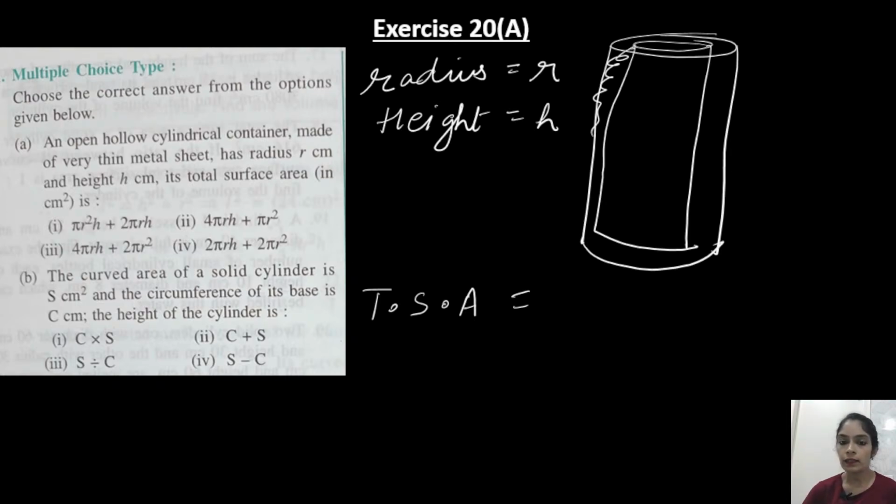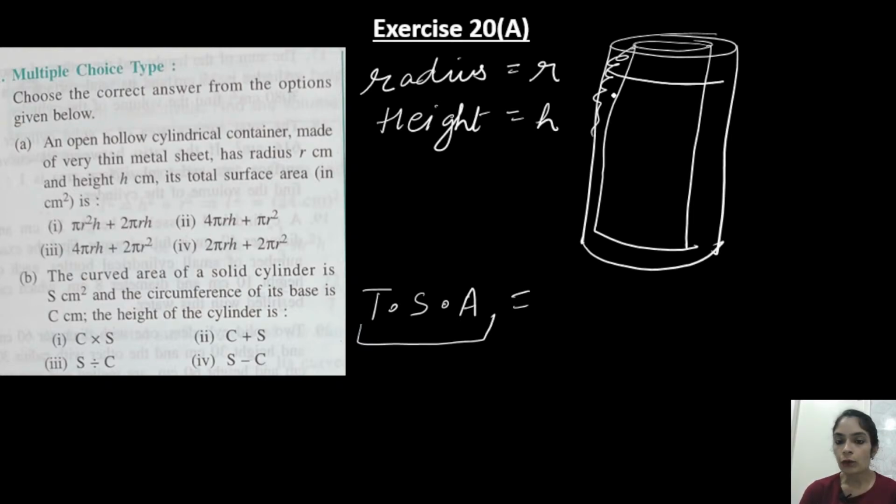Whenever we are finding surface area, you have to imagine all those surfaces which you can see, or if the solid is in front of you, all those surfaces which you can at least touch. Say if your water bottle, or any container which is open, is there, the surfaces you can see will come in the total surface area.